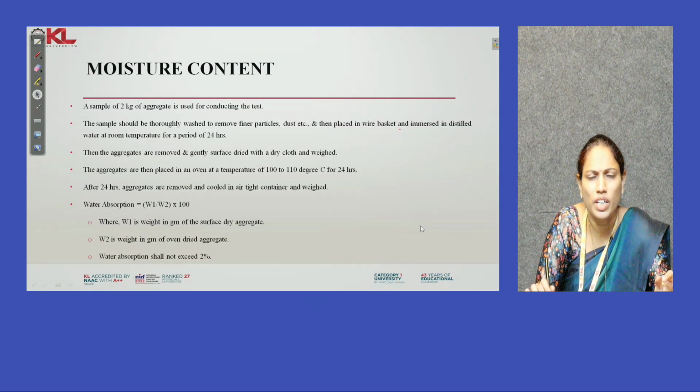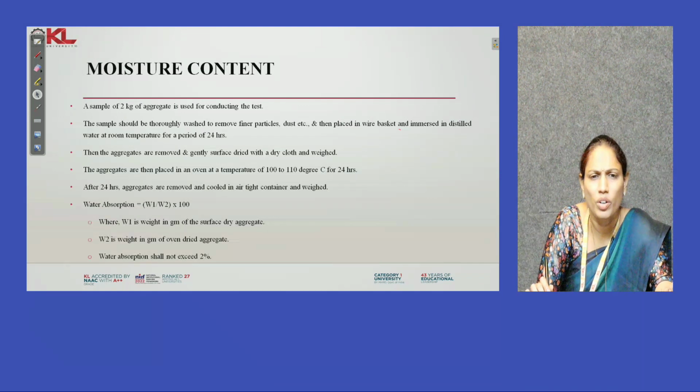Next one, moisture content. How are we going to check the moisture content and absorption of the aggregate? We take 2 kgs of aggregate and conduct the test. In the 2 kgs, fine particles will be removed by washing it, and after that we keep it on a dry cloth and weigh it to get the initial weight.